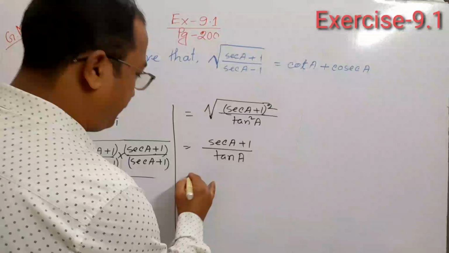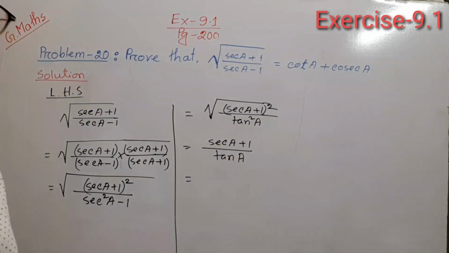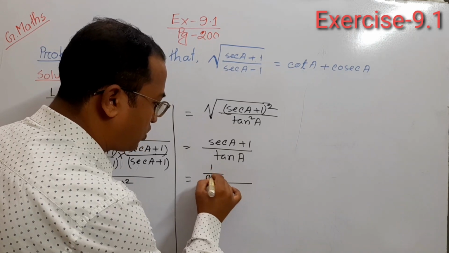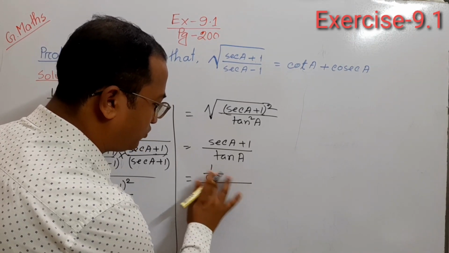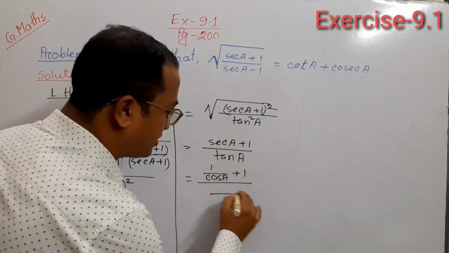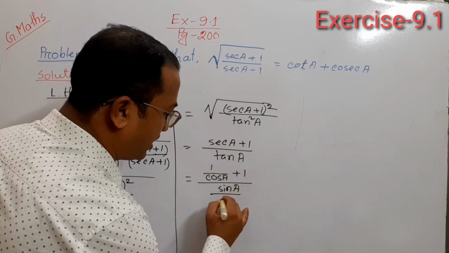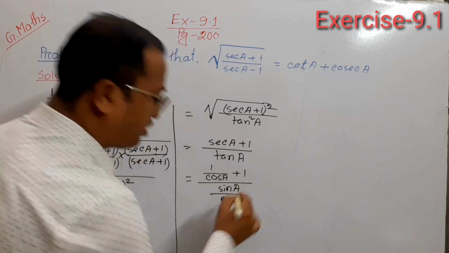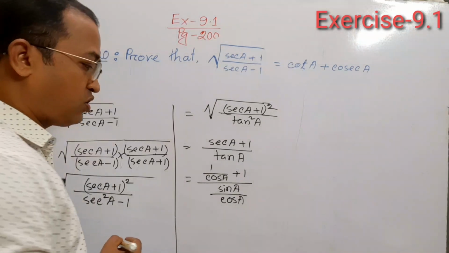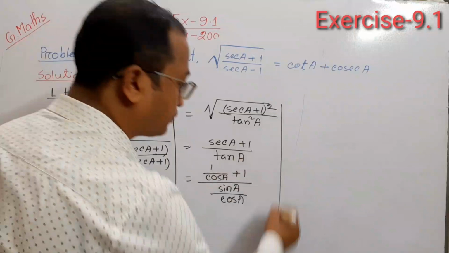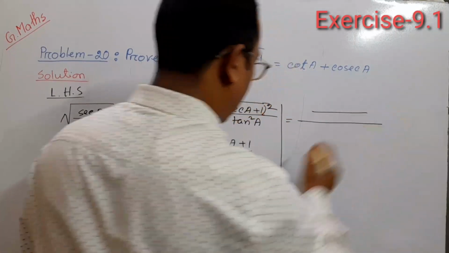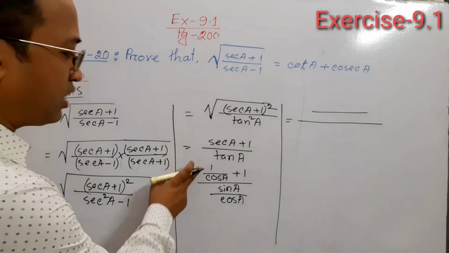Now look, sec A plus 1. Sec A means 1 by cos A plus 1, and tan A means sin A by cos A. We know tan A is equal to sin A by cos A, and sec A is equal to 1 by cos A. Now at the numerator there is 1 by cos A plus 1.